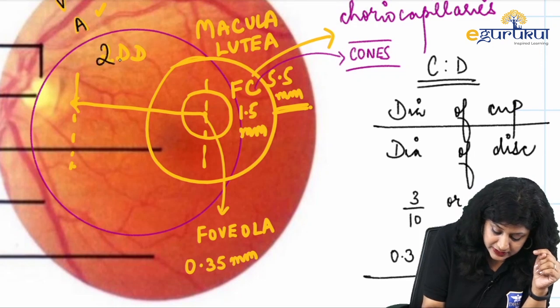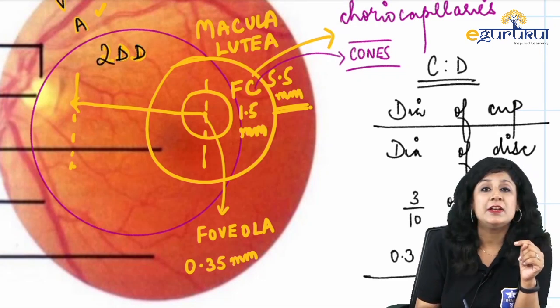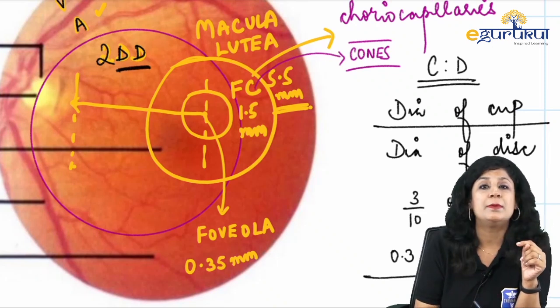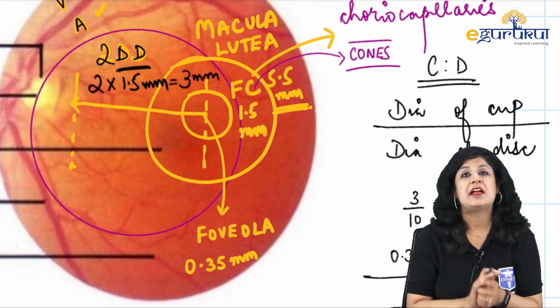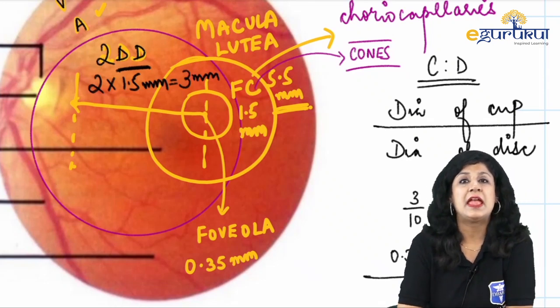Now, you already know that 1 disc diameter is 1.5. So, 2 into 1.5 mm gives us actually 3 mm. So, this area gives me total of 3 mm.